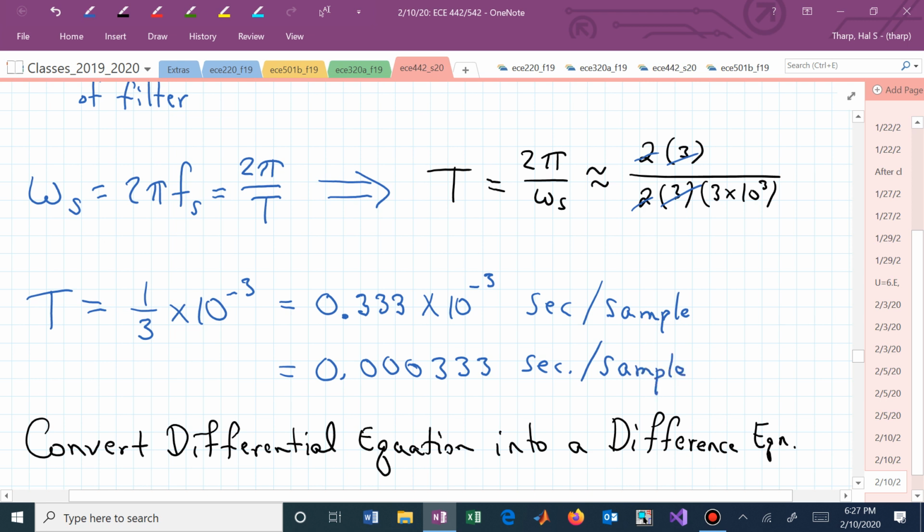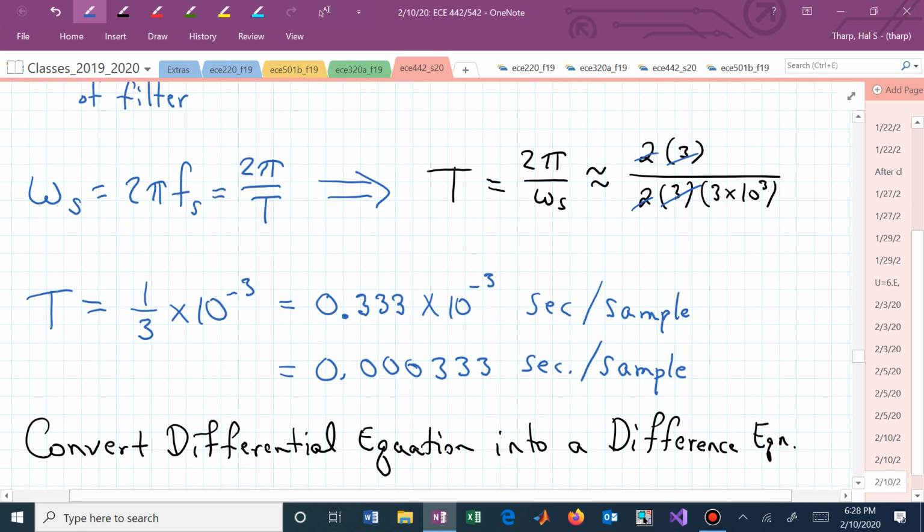That's what we would need to cut up our time axis into if we wanted an input. Somebody gives you an input in continuous time, you would now need to sample that every 0.00033 seconds. That's now your input sequence of numbers in the discrete time system.